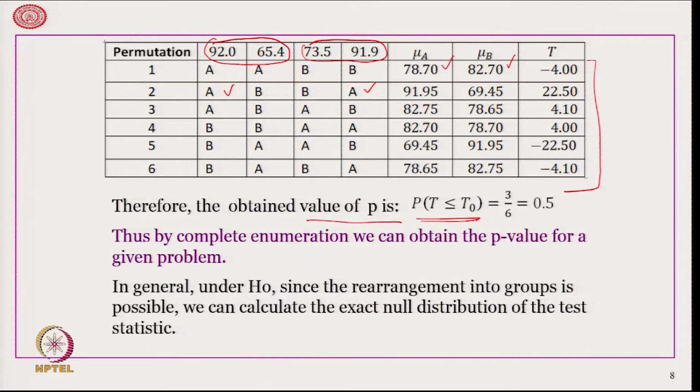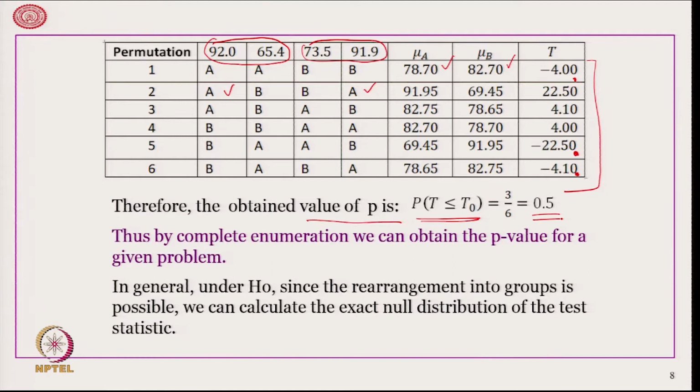Therefore, how many of them are less than or equal to minus 4? 1, 2 and 3. Therefore, that probability is coming out to be 3 by 6, which is equal to 0.5. Thus, by complete enumeration, we can obtain the p value for a given problem.